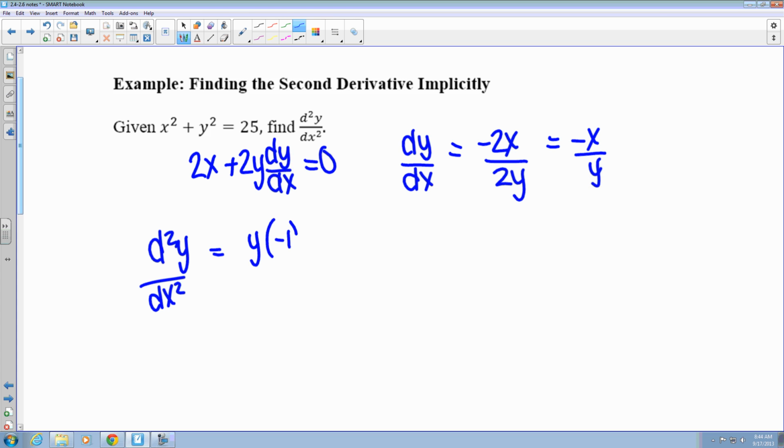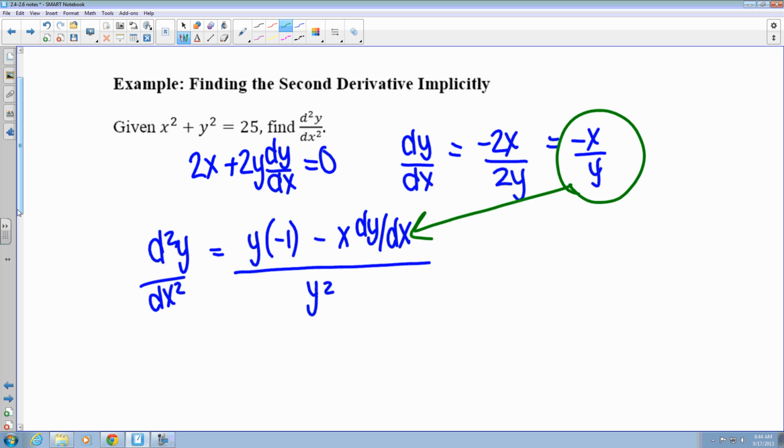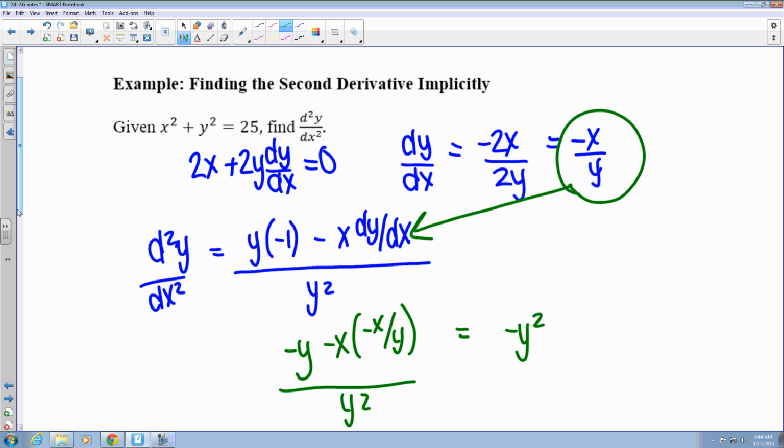Y times negative 1 minus x dy dx over y squared. And now we have dy dx up here. We're actually going to plug that in right there. So negative y minus x times negative x over y, all over y squared, equals negative y squared plus x squared over y cubed.